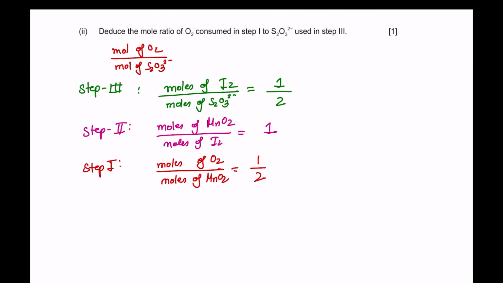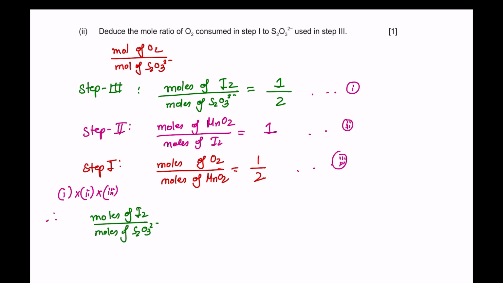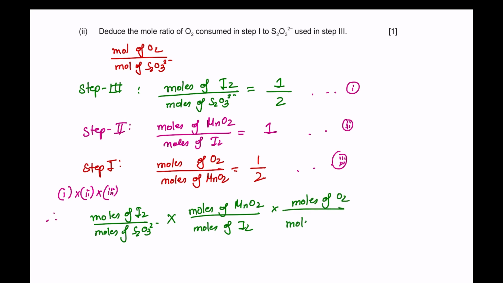Now just observe, if we multiply these three ratios together, we will get moles of O2 by moles of S2O3 2 minus. So let's try to multiply it. What will happen here? We will have moles of MnO2 over moles of S2O3 2 minus, moles of I2, not an equal sign, it will be a product sign, and moles of O2 by moles of MnO2.